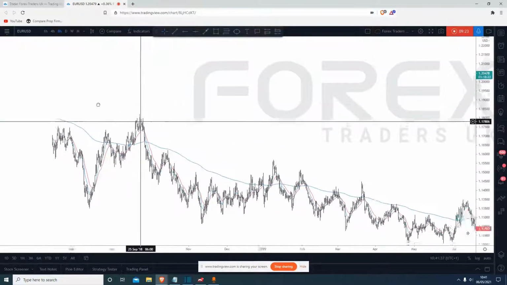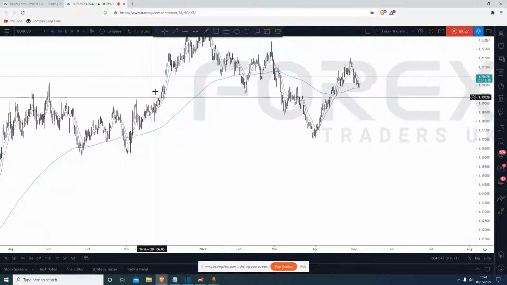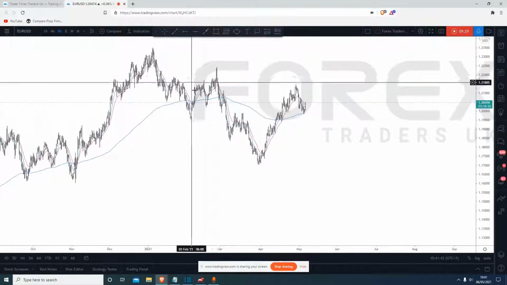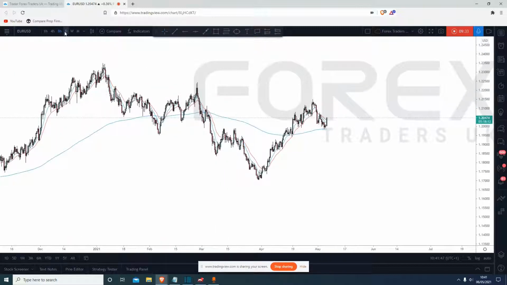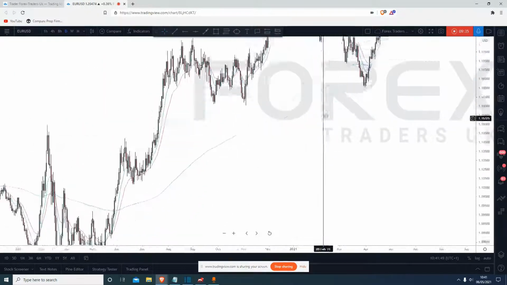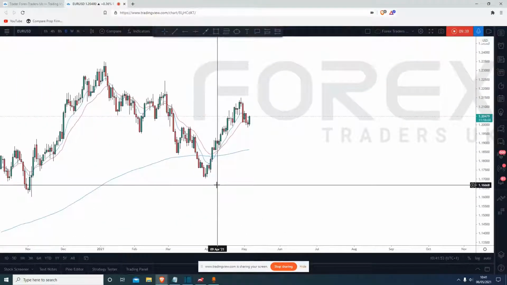So it works in a similar way to these more short-term moving averages that I use, but the 200 daily moving average is usually the other moving average that I would go to, to identify where the market is going to react.